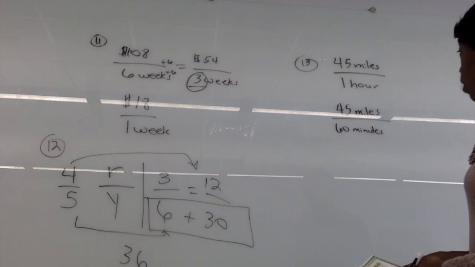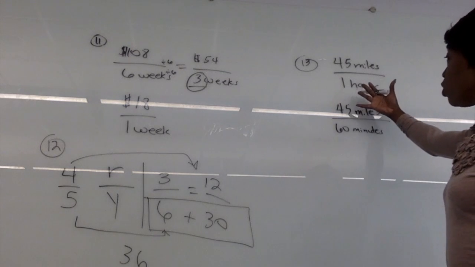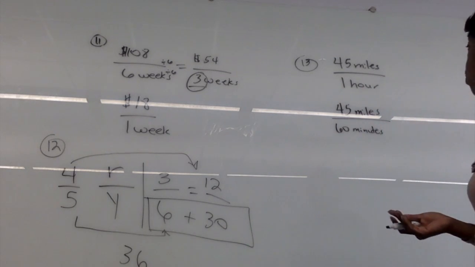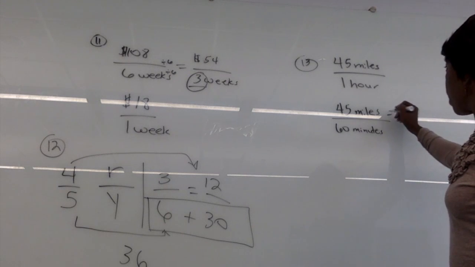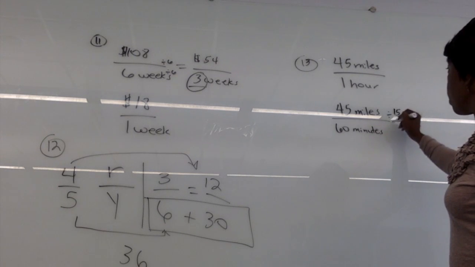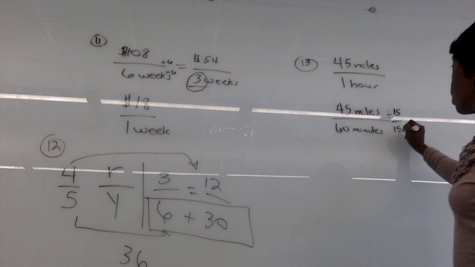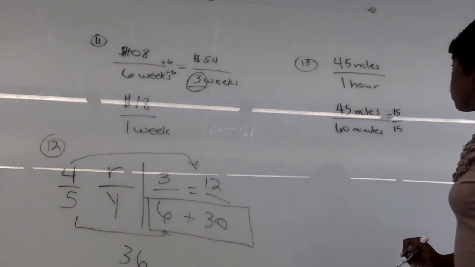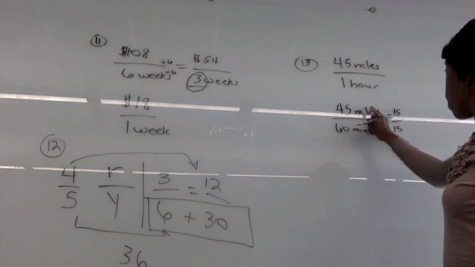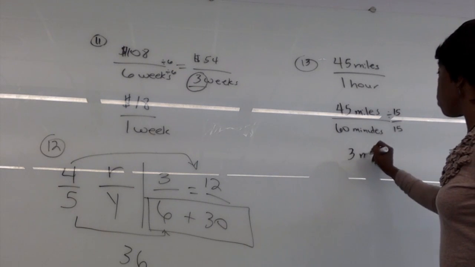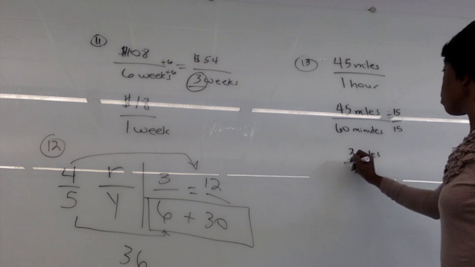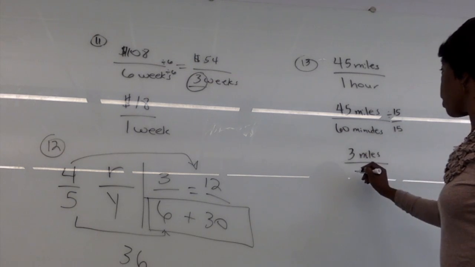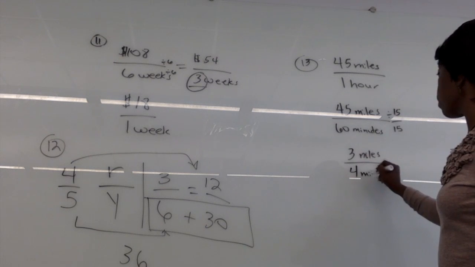And what I'm going to do now is reduce this down by using the greatest common factor here. I can divide this by 15 in my numerator and 15 in my denominator because I see that's our greatest common factor. When I get 45 divided by 15, I get 3 miles. 60 minutes divided by 15, I get 4 minutes.